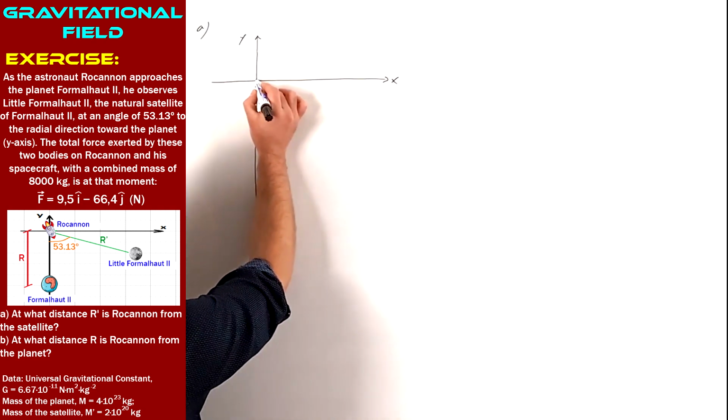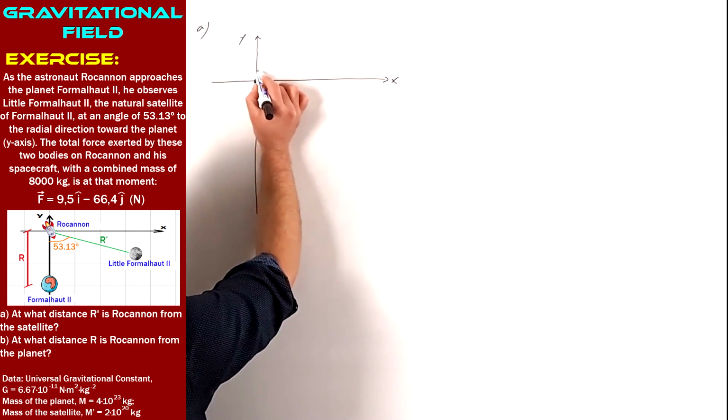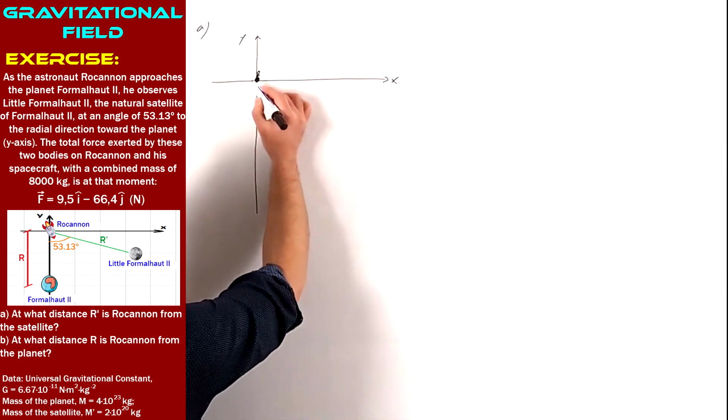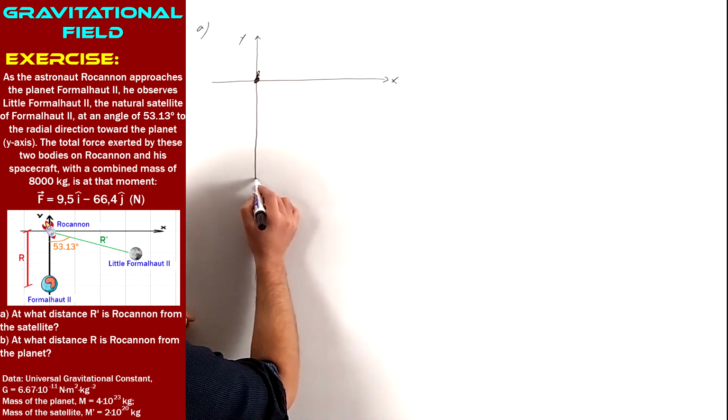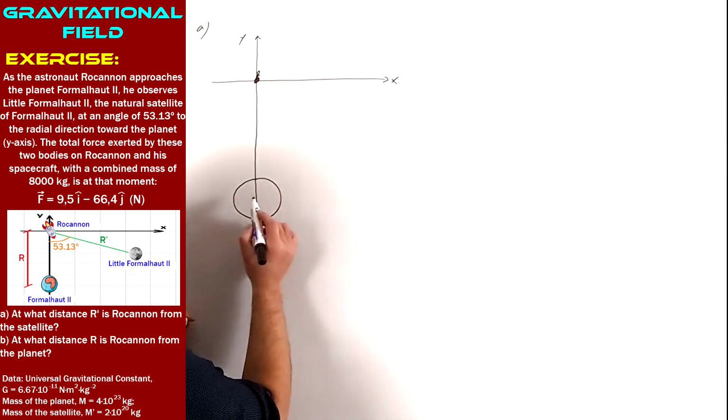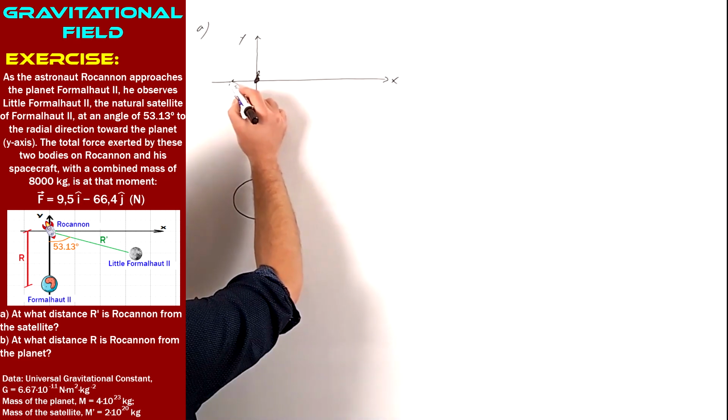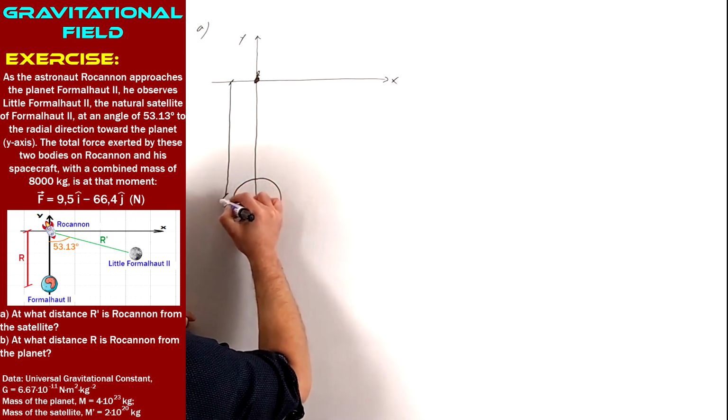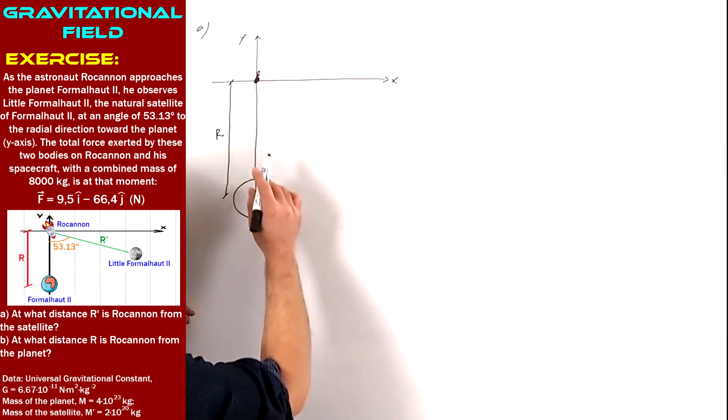And they say that here we have our little astronaut. This is Rocannon. Here you have it. And this is the planet Formalhaut. This distance is the first magnitude we are asked to calculate.